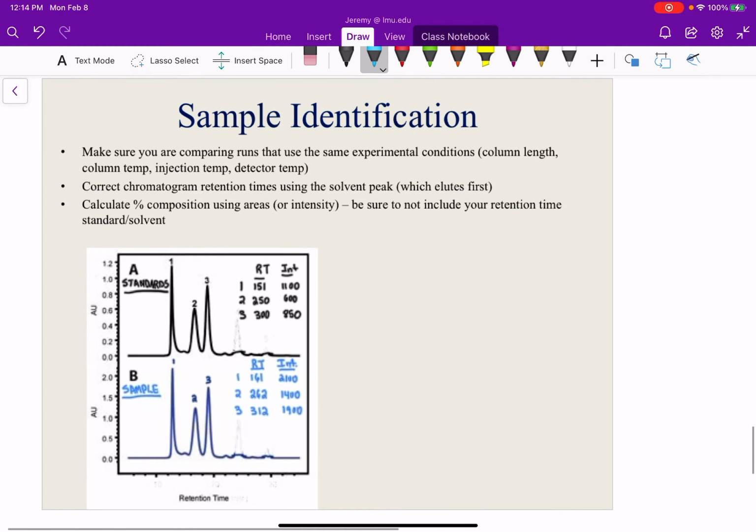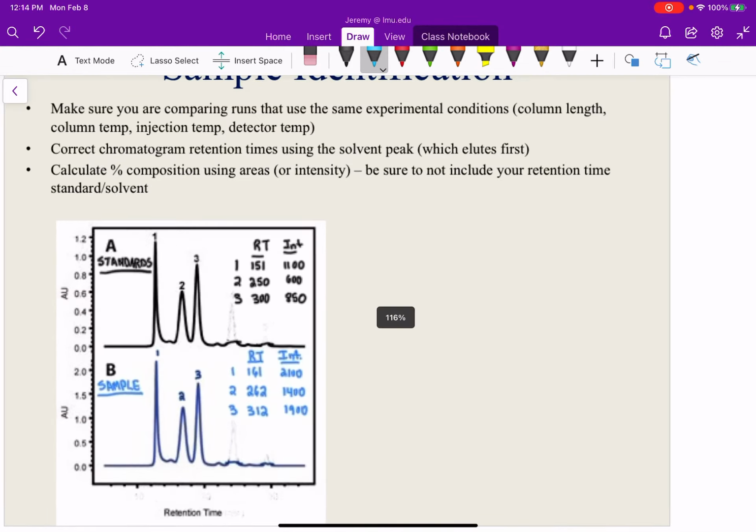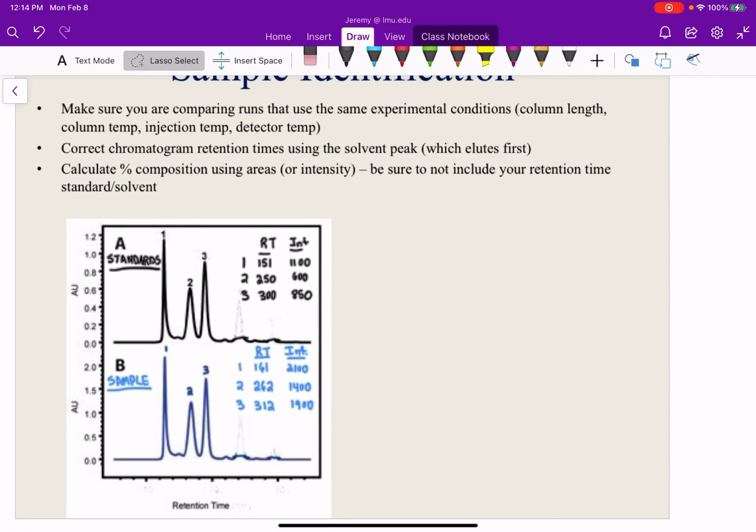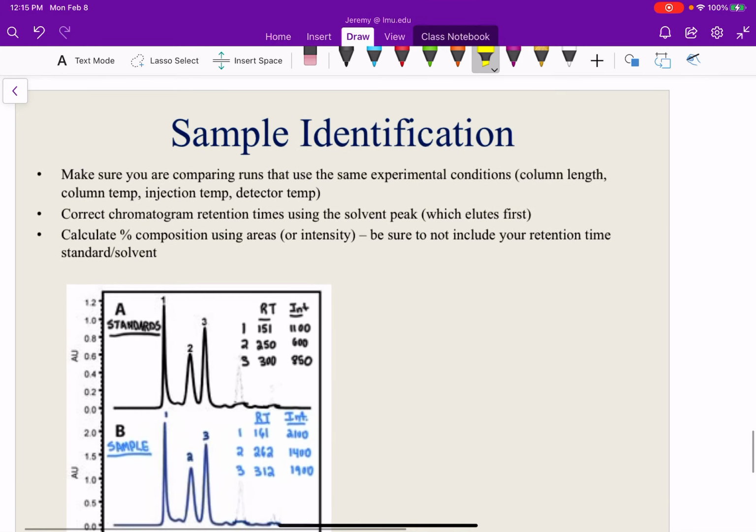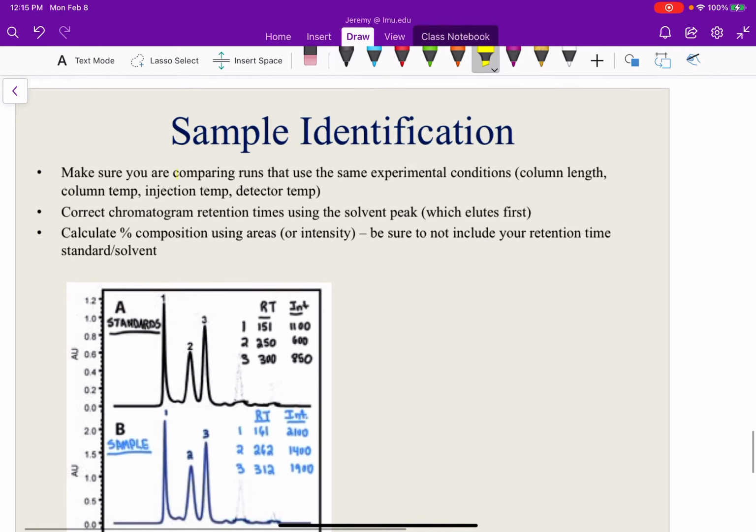So the last slide here is I just want to work through an example when we talk about identifying samples. We're really going to be talking about comparing our sample versus a set of standards. So the first thing we have to really do is make sure you're comparing GC runs that use the same experimental conditions. Okay, the experimental conditions will affect our retention times.